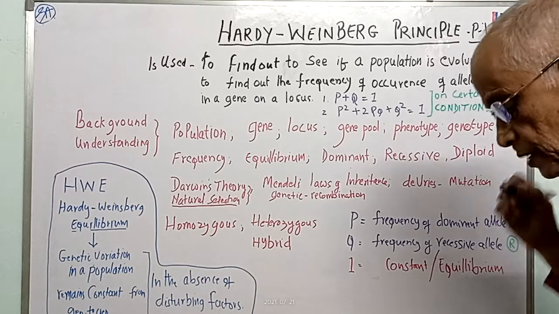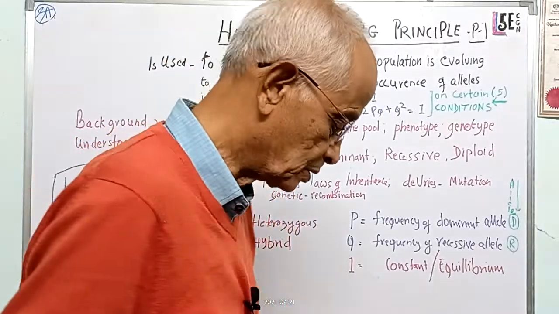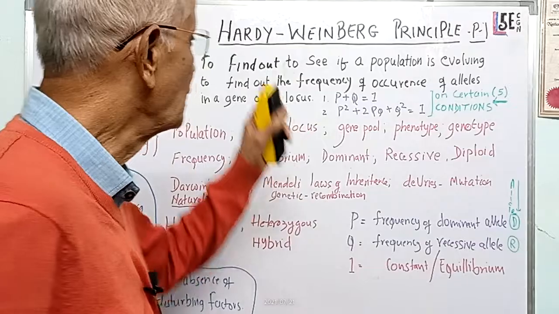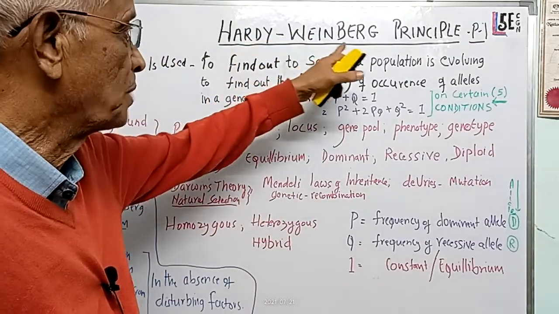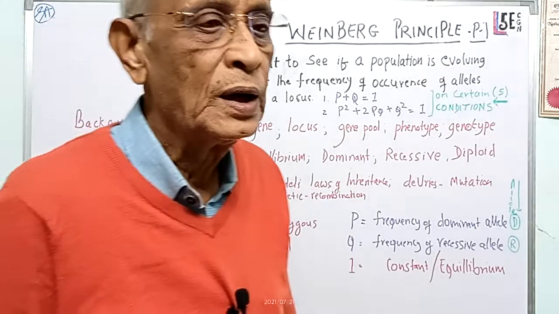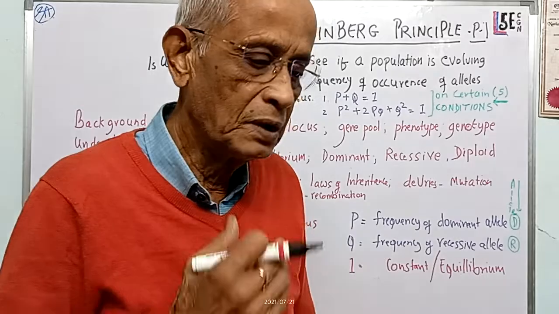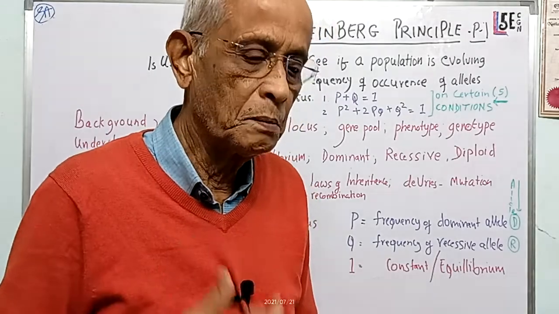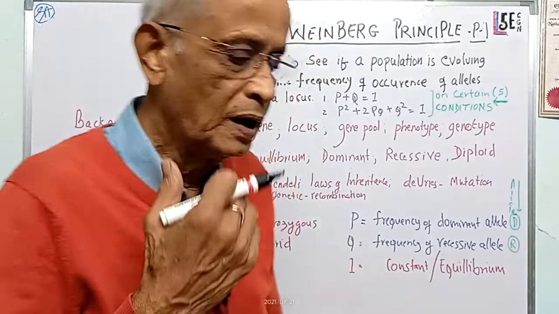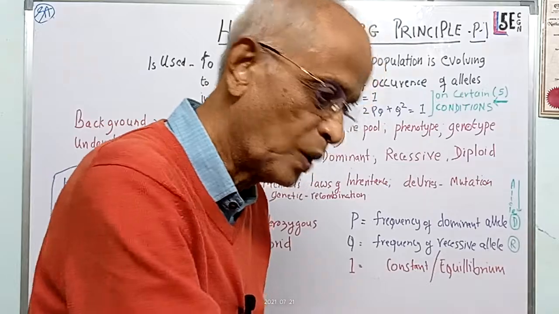Maybe in the other part we will be covering a little more ideas about this particular concept. Now let us see what we mean by the Hardy-Weinberg principle. Just a small background. The Hardy-Weinberg principle background came after the work of Mendel, then after the work of Darwin, and then the De Vries work.